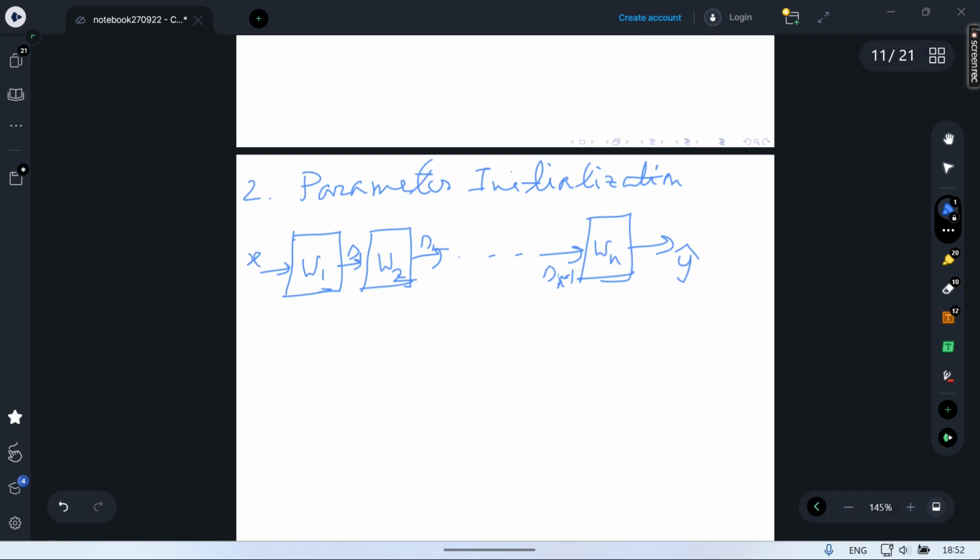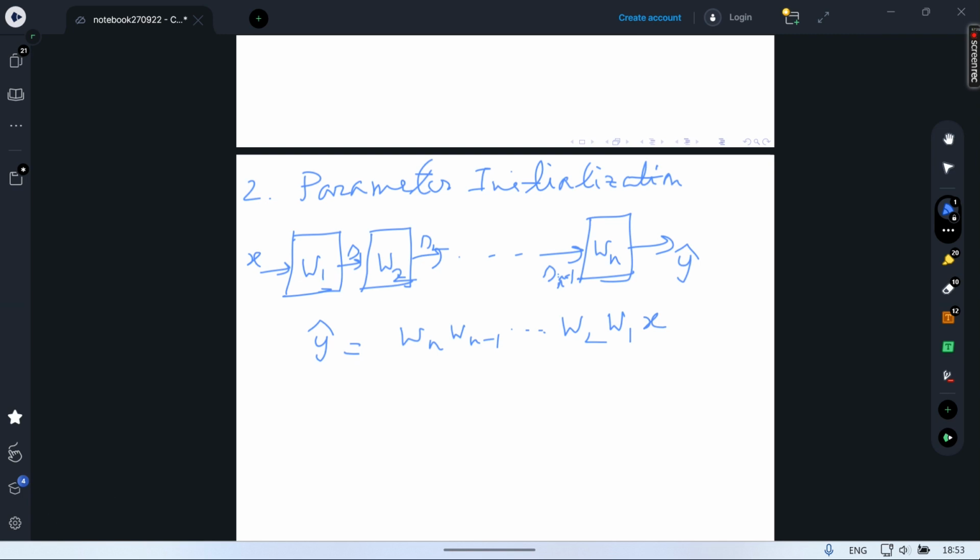Now y hat can be written like this: y hat is equal to Wn multiplied by Wn minus 1 ... W2 W1 x.